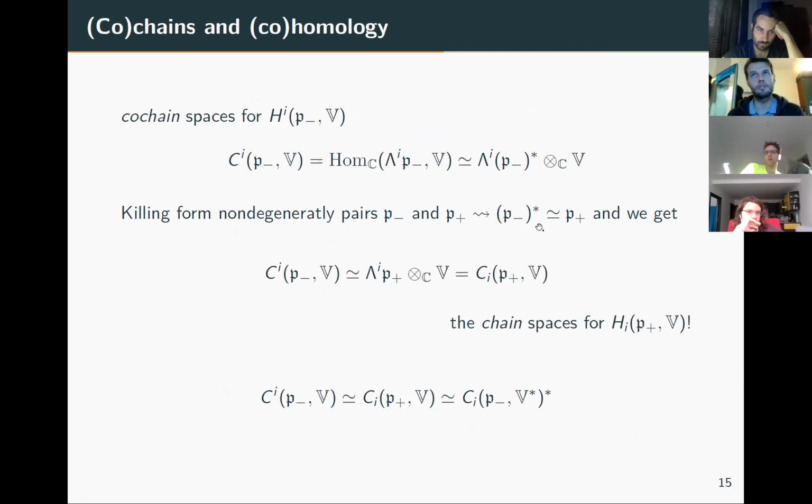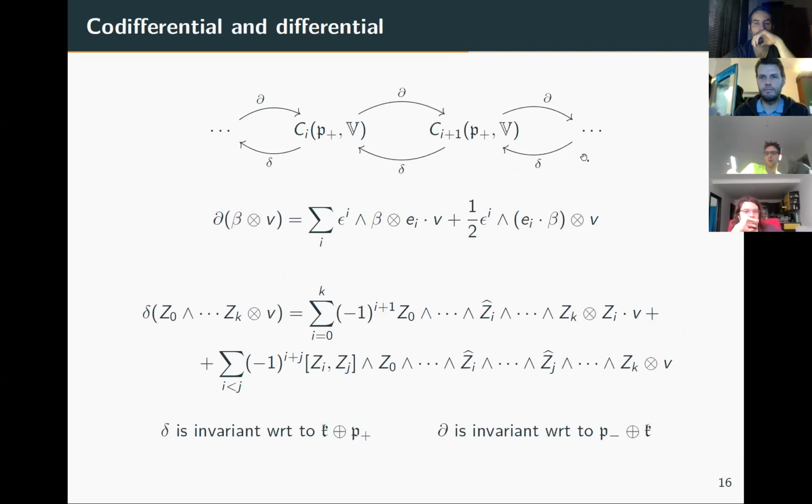And P minus is dual to P plus. So the bundle associated to P plus is the cotangent bundle, right? That's why I'm looking at this chain space, because what I have here is a space whose associated bundle is the exterior forms valued in the associated bundle to V.